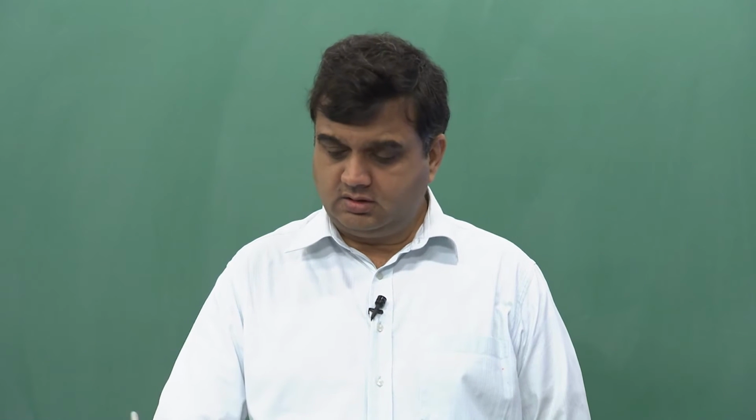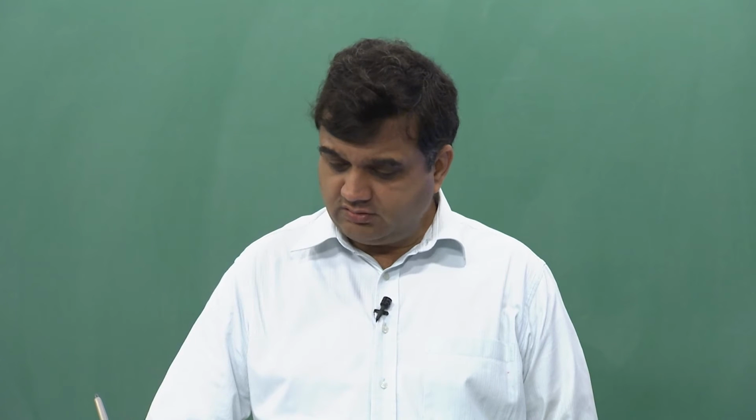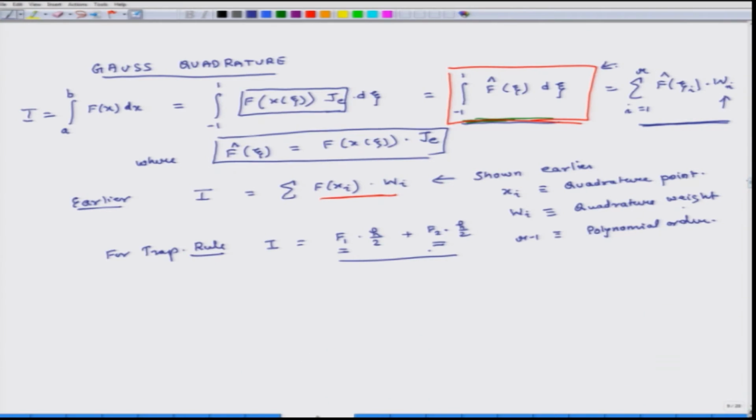In Gaussian quadrature also the same thing is there. We have to find out the value at some number of points and also the associated weights for those points. If we know this information, then I can very easily calculate the integral of f(x) dx over the domain.